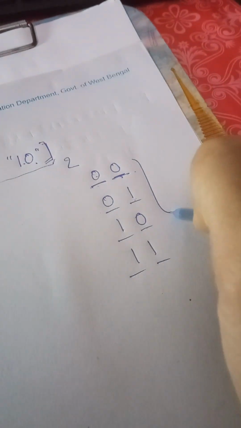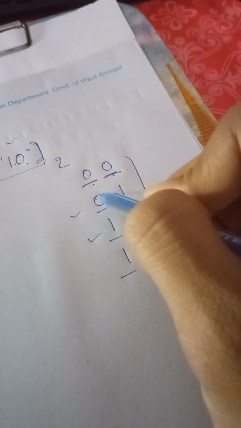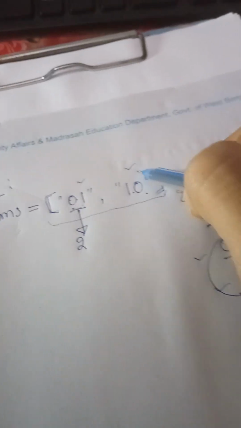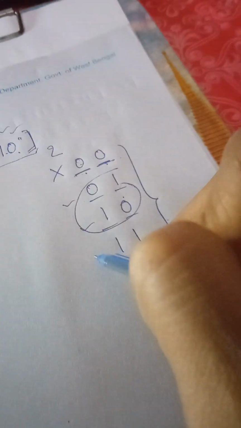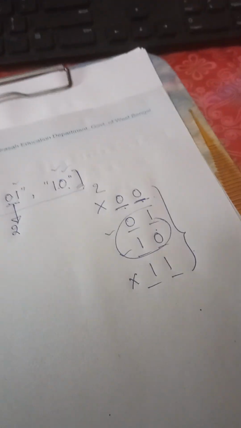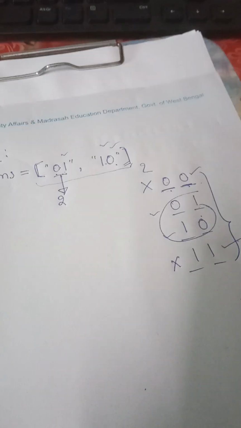So these are the numbers of length 2. Here 0 1 and 1 0 are present in this array, but 0 0 and 1 1 are not present, so you have to return any one of them. I think you have understood the problem.